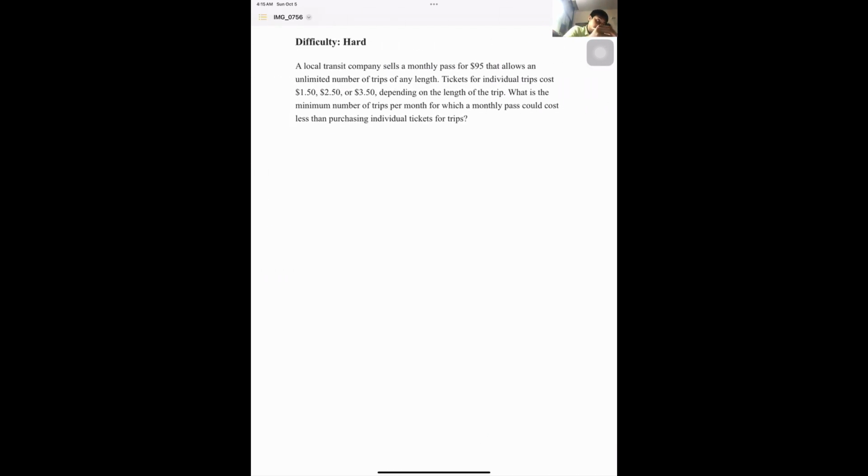So the last question. A local transit company sells a monthly pass for $95 that allows an unlimited number of trips of any length. Tickets for individual trips cost this. So we are given three types of ticket prices depending on the length of the trip.